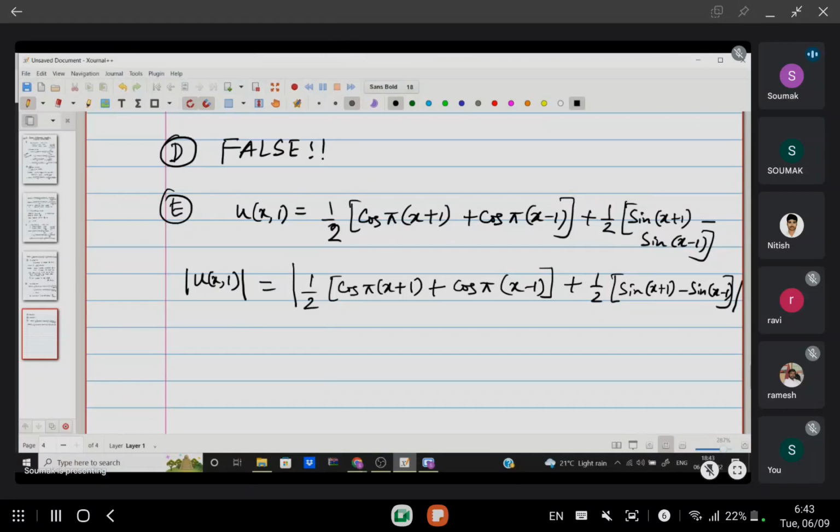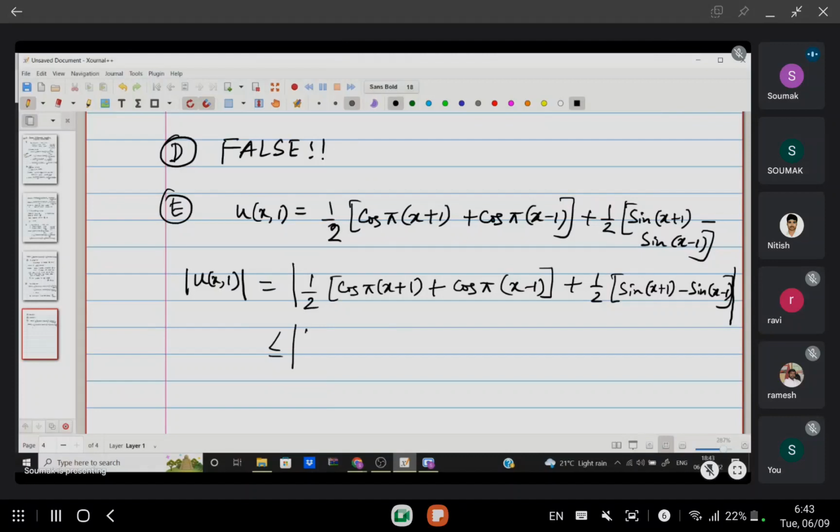So I will put, sorry, let me write the mod clearly. This is my mod, so I will write mod of x plus y, where this I take as x and this is y, so less than or equal to mod x plus mod y.